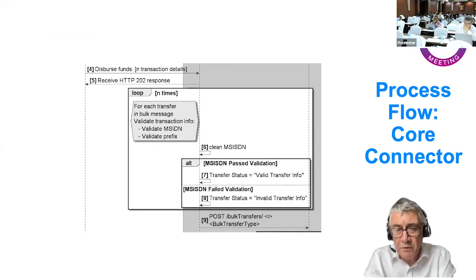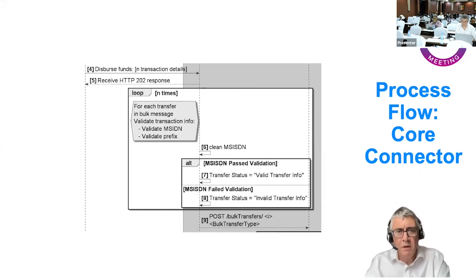So the Core Connector's role here is to essentially state whether an individual MSISDN is malformed, and if it is, then we fail that individual transaction within the list. We also actually impose a timeout and a maximum total fee amount for the bulk transfer, but that's been blurred somewhat in the detail here.